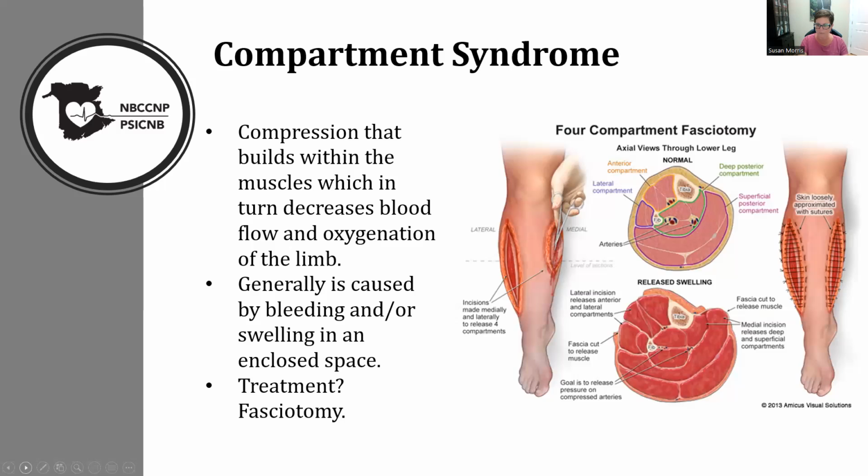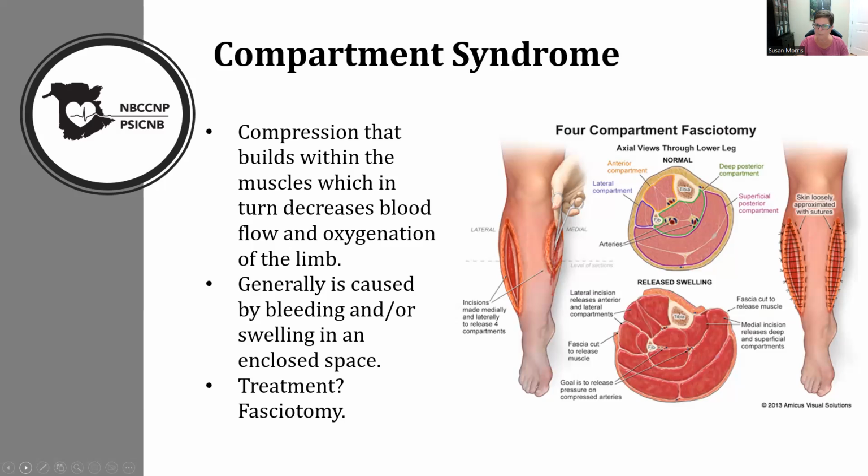Compartment syndrome, I've had a few patients who have developed compartment syndrome, and this patient can develop limb ischemia very quickly, and you really need to be on top of this because this is a medical/surgical emergency.